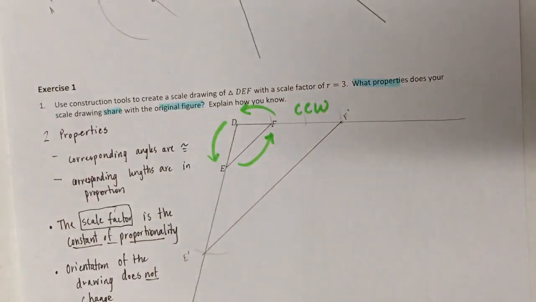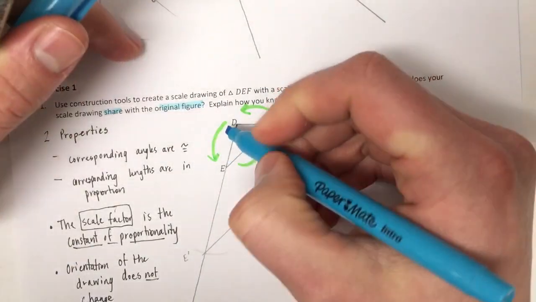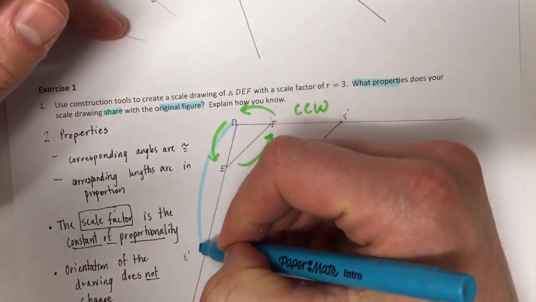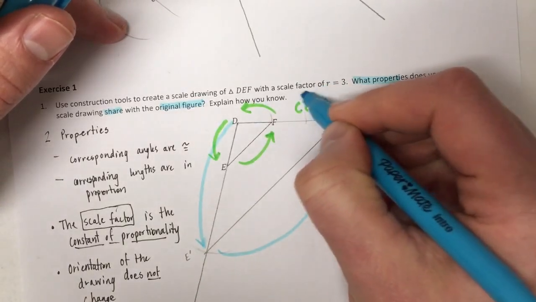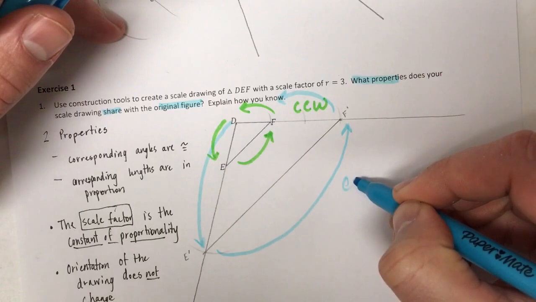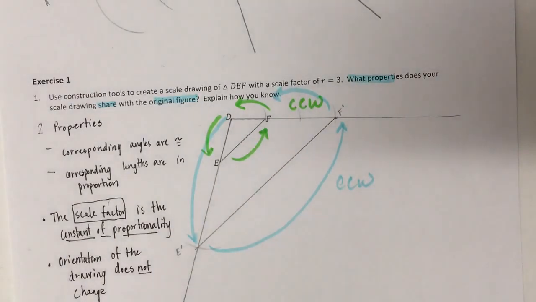And if I were to look at D prime to E prime back to F prime, notice that the arrows are also going in a counterclockwise rotation. And so ultimately that's what they mean by orientation.